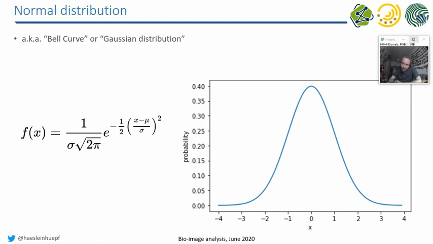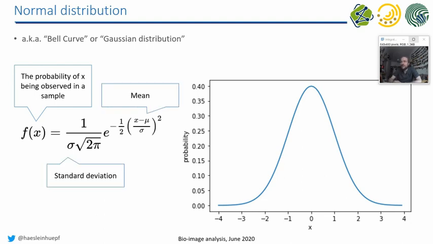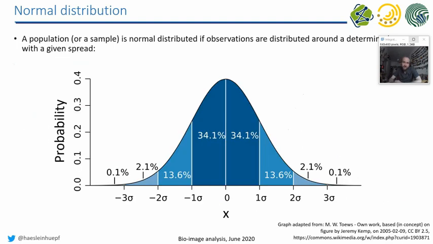So this is the link to descriptive statistics we did in the recent weeks. And the normal distribution is characterized by this equation. We are talking about the probability of observing a sample in our population, and this is related to the mean and the standard deviation we measured earlier. And here on the right, you see this typical curve of a probability distribution, how it looks like.